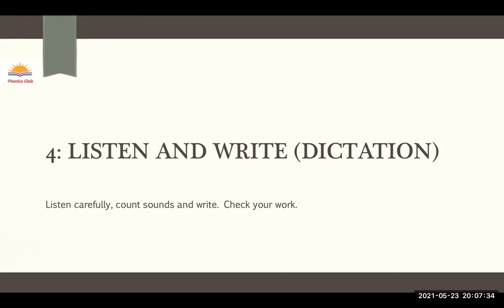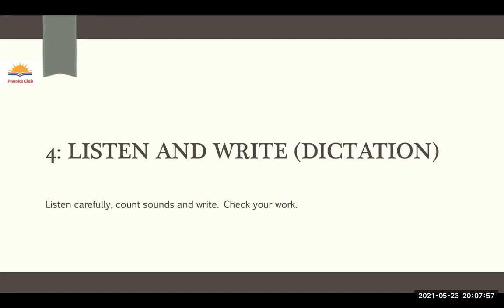Okay, next you have to write down drip. D, R, I, P. Drip. 4 letters and 4 sounds. Okay, next. Now I think that it is the 6th word, number 6. Write down boat.